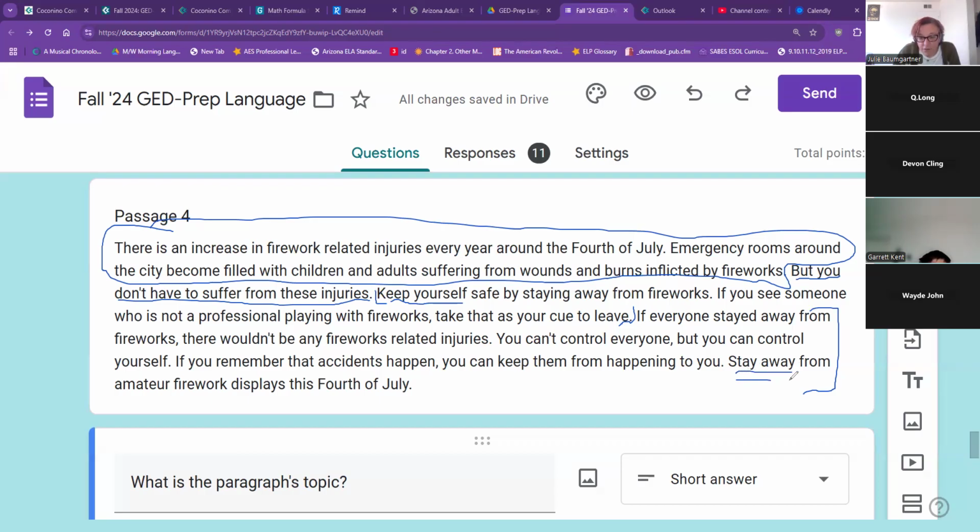And hopefully they look like advice style sentences, right? They start right away with a verb, because it's directed at the person reading, or if I was reading it to someone. Keep yourself safe, right? Stay away from amateurs, okay? So that would be one of my first signal phrases, is just the way that they kind of talk about that.